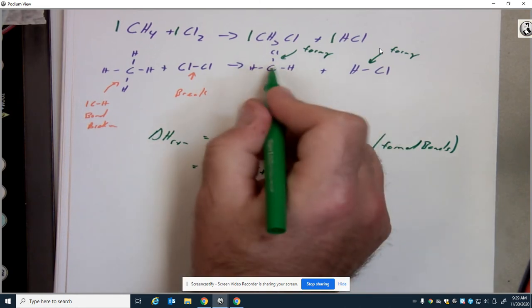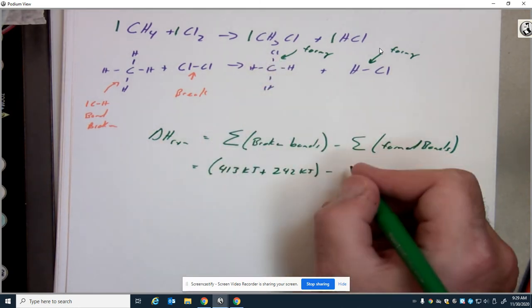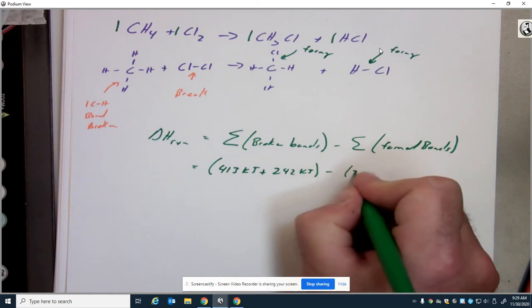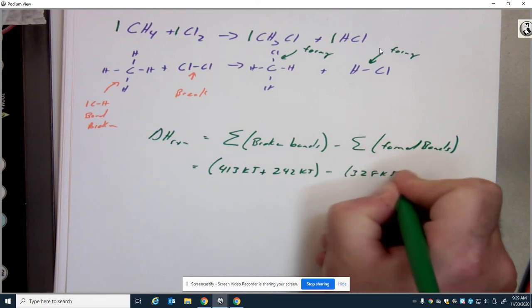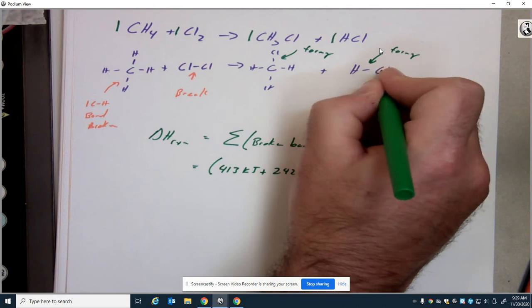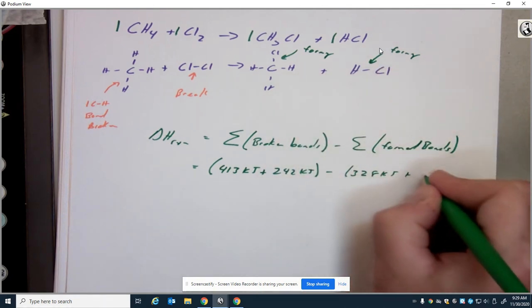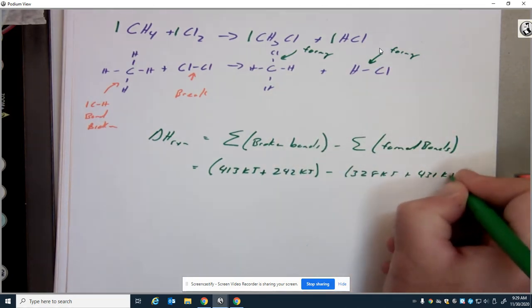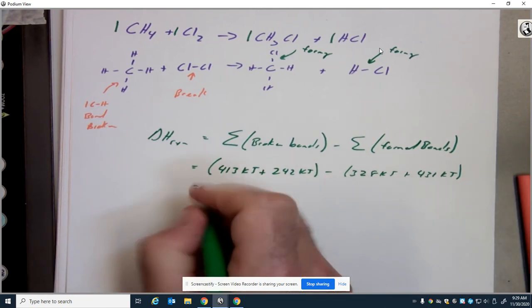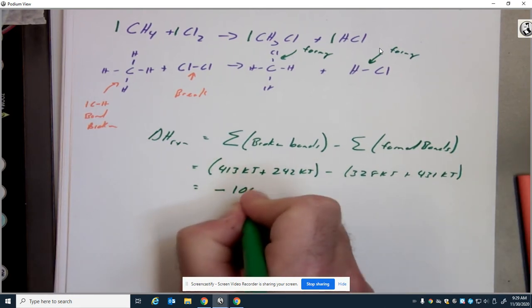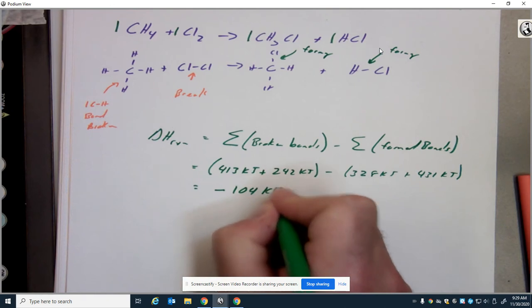Minus, now we're forming a C-Cl bond, and if we look that up, it's 328 kilojoules. And we're forming an H-Cl bond, which is 431 kilojoules. And when we do that math, we get negative 104 kilojoules.